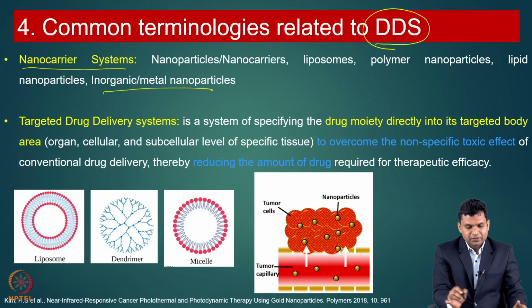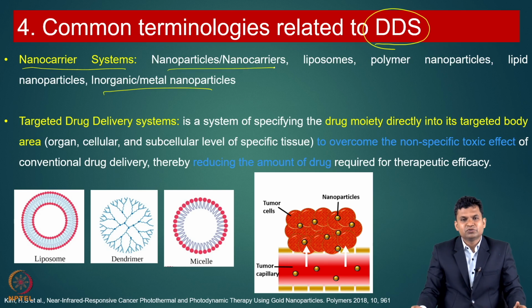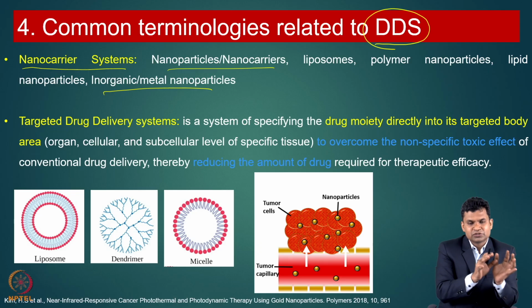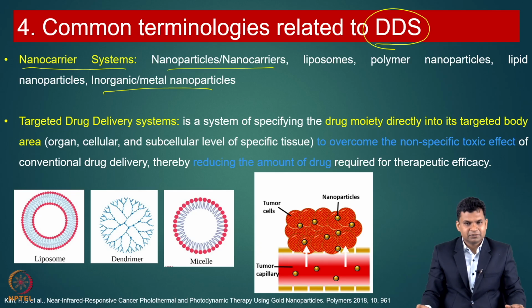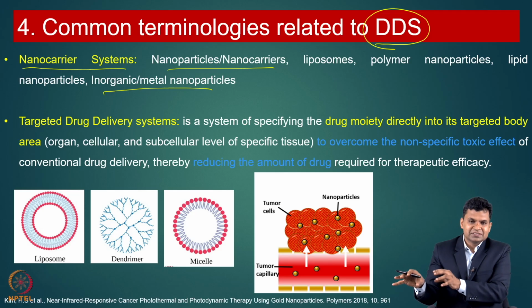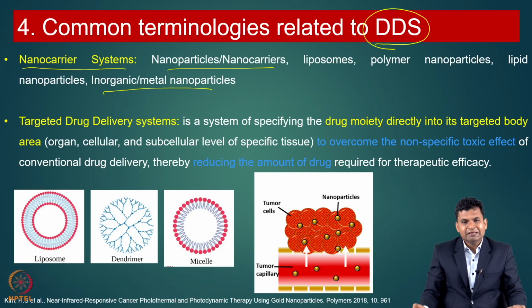Nanoparticles and nanocarriers use various materials to deliver drugs from one place to another; they are vehicles which carry the molecule from the administration site to the disease site. We use polymers, lipids, and even hybrid polymer and lipid, and inorganic with lipid, which is known as the hybrid category.